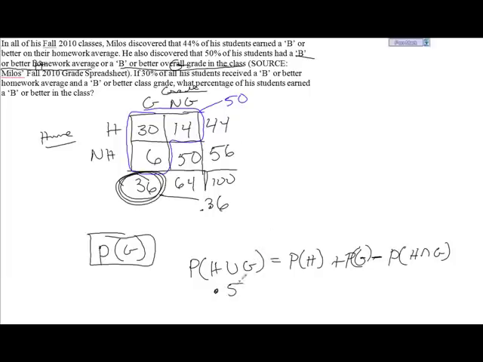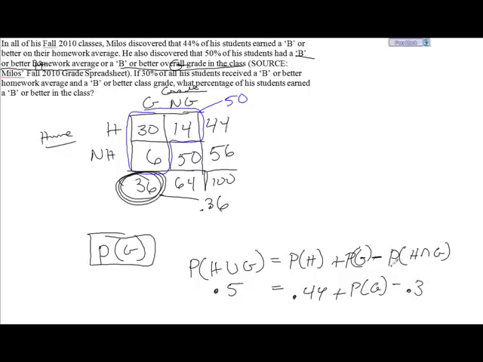The probability of getting a B or better on homework was given to me as 44%. I want to solve for the probability of getting a B or better as a class grade. And the probability that both of these things happen is 30%.